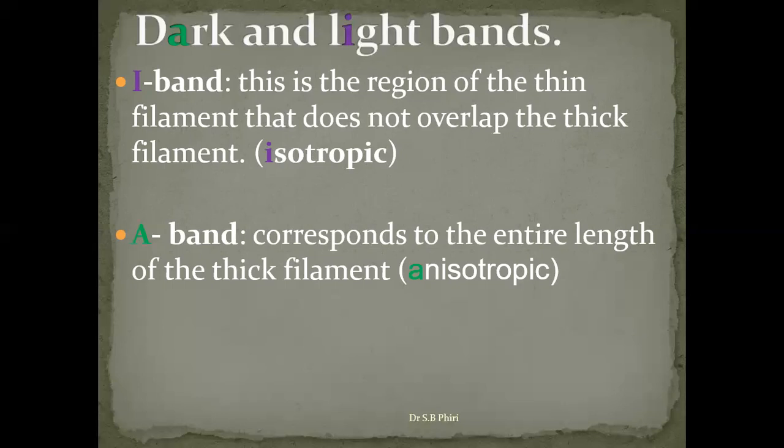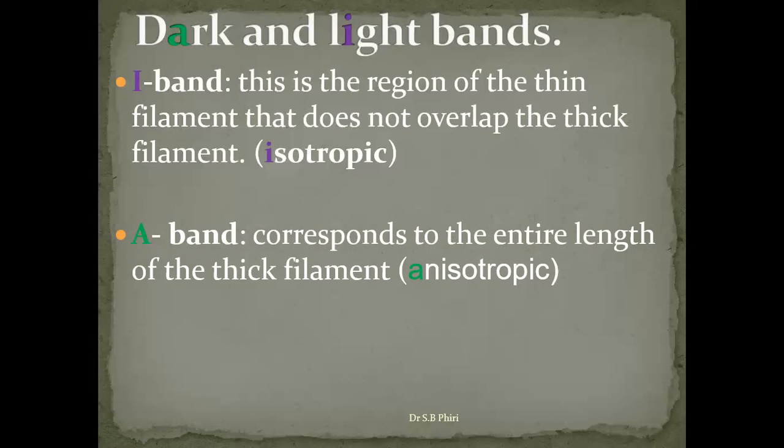It responds anisotropically. Anisotropic starts with A. So the A band corresponds to the entire length of the thick filament. These are the darker portions as opposed to the light portions of the I band, which represent the area of the thin filament that is not overlapping with the thick filament.